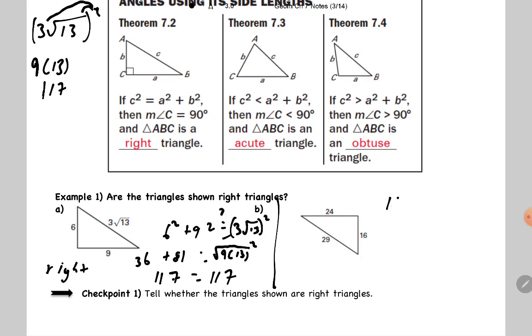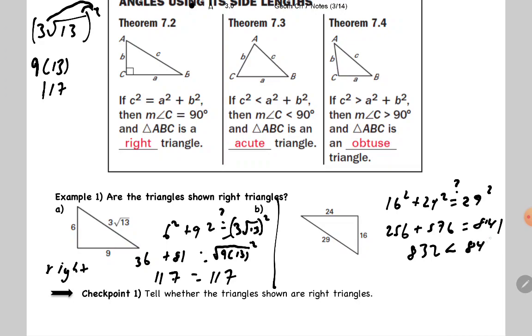So you want to pick the two shortest sides, 16 squared plus 24 squared. Let's see if that is equal to 29 squared. So we got 256 plus 576. Is that equal to 841? We get 832. 832 is less than 841.